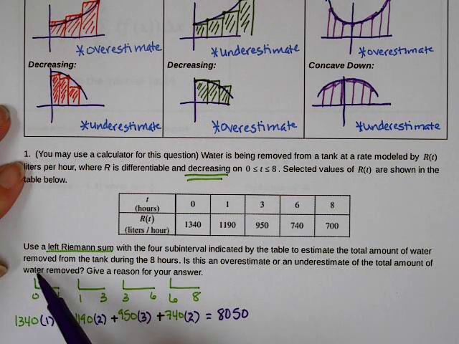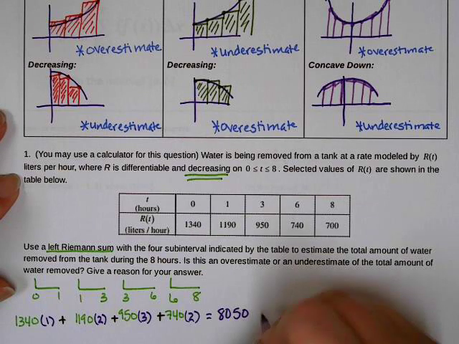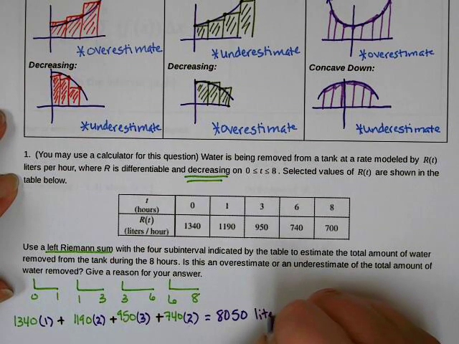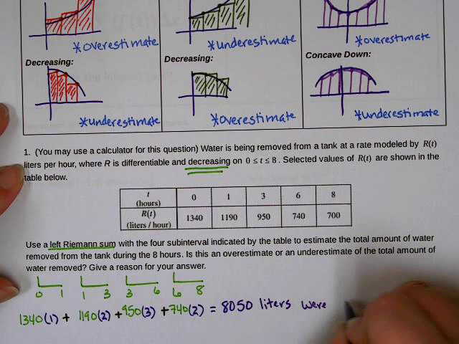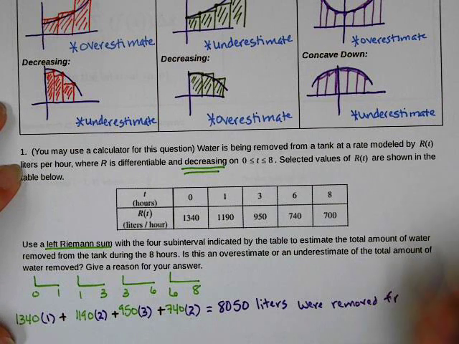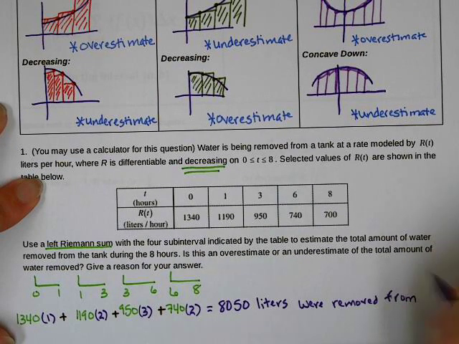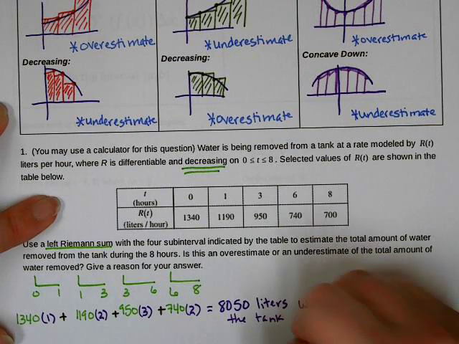Estimate the total amount of water removed from the tank in the 8 hours. So liters. 8,050 liters were removed from the tank during the 8 hours.